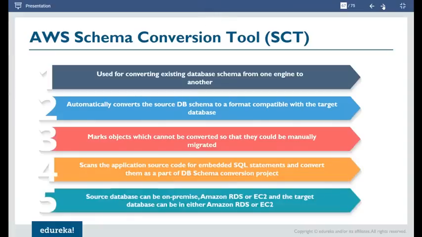As I said, the Schema Conversion Tool will help you convert your source database schema to one that is compatible with your target database schema. It will also mark those objects which cannot be converted so that you can perform manual migration of them. Your source database can be on-prem, on RDS, or on EC2.